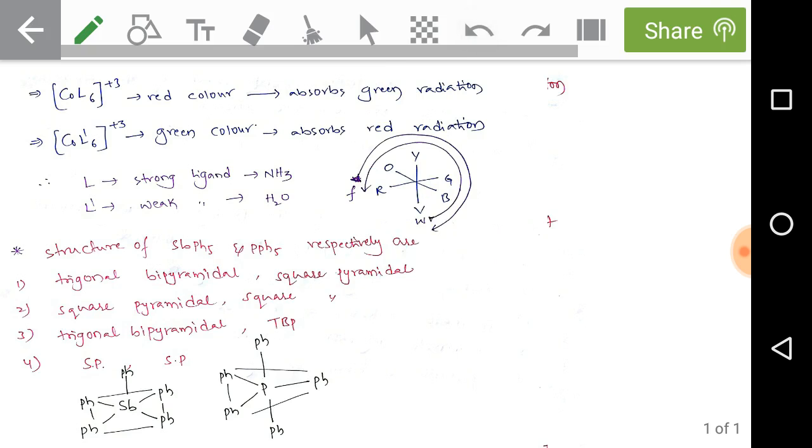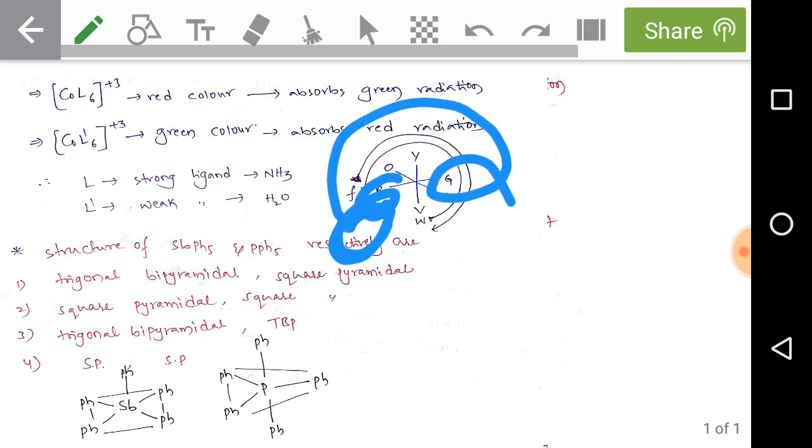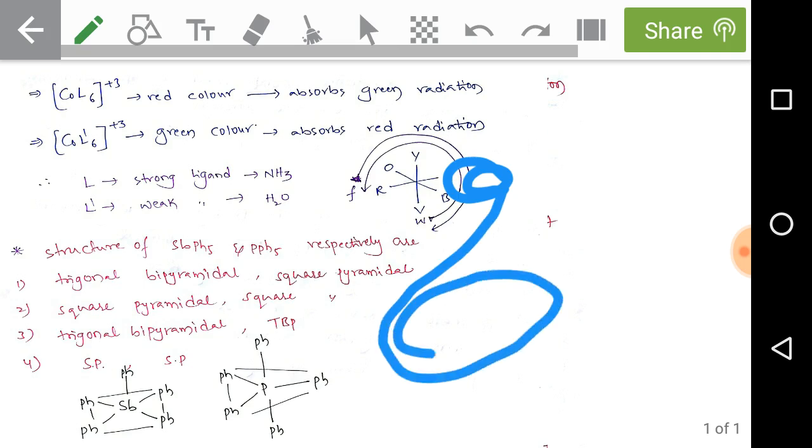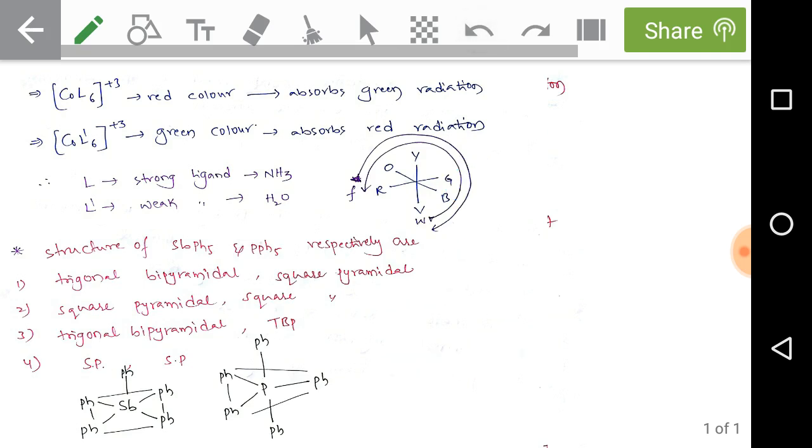So here you can say that red color has the least energy or lower frequency when we compare with green. So green color has greater energy or frequency. Whenever more energy is there in the radiation, that ligand must be a strong ligand. Whenever the energy or frequency is less, then that ligand must be a weak ligand.